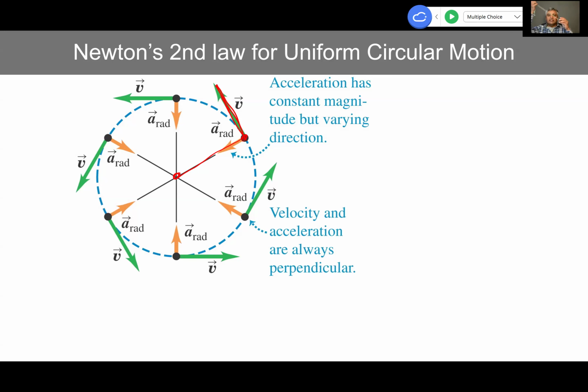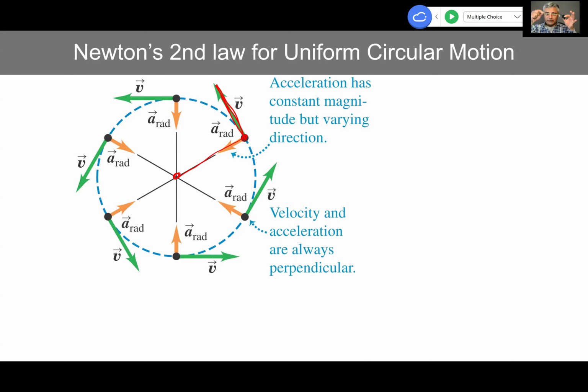So when something is going in a circle, for example, overhead, if we let it go, it does not go in a circle, it just goes straight. It shoots straight once we don't apply this force. Why?